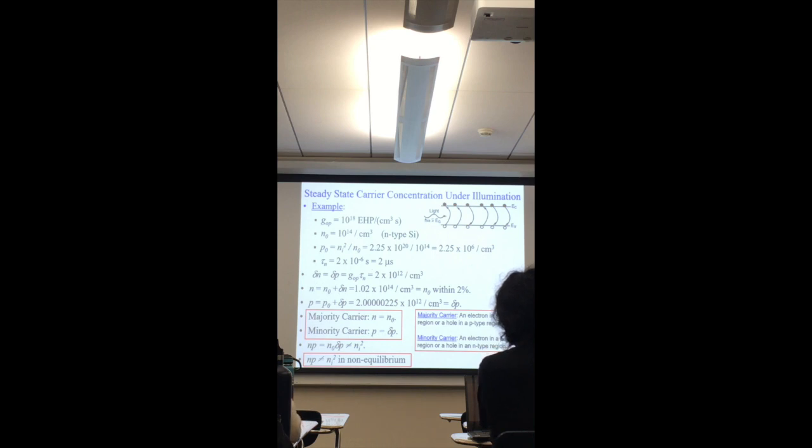You can see this n times p is much larger than ni squared, which is around 10 to the 20s. So in this case, np equals ni squared is no longer valid, because this is non-equilibrium. The np equals ni squared is only valid for the equilibrium case.